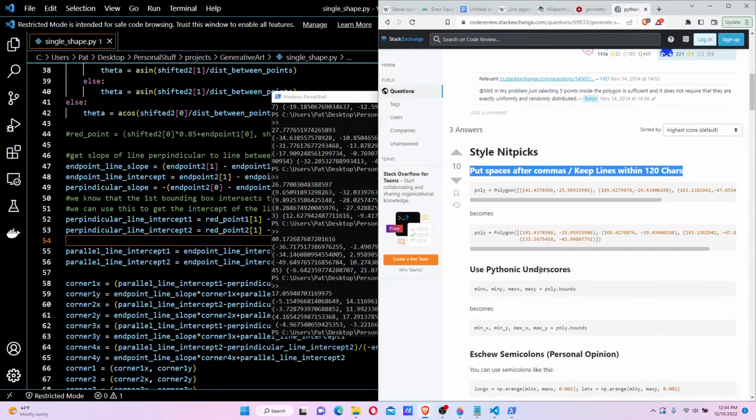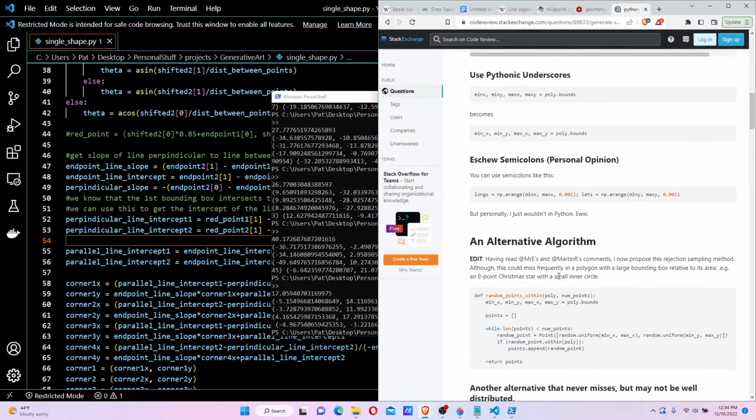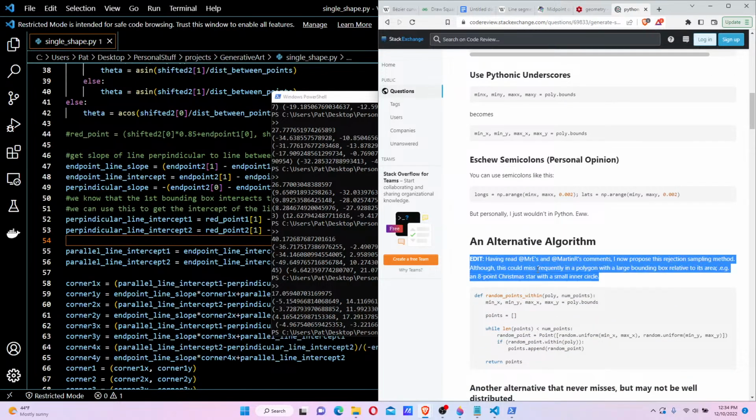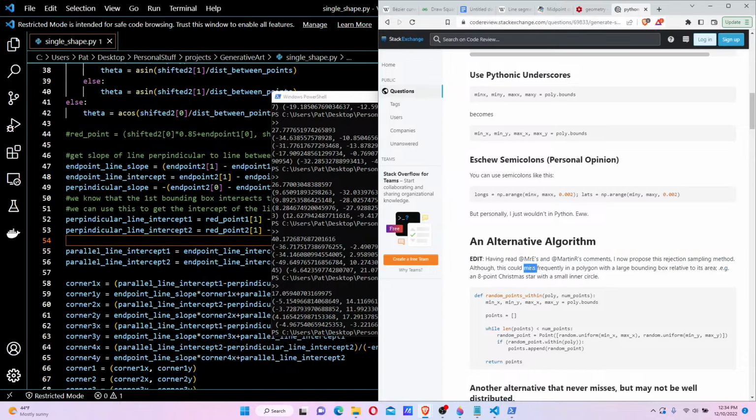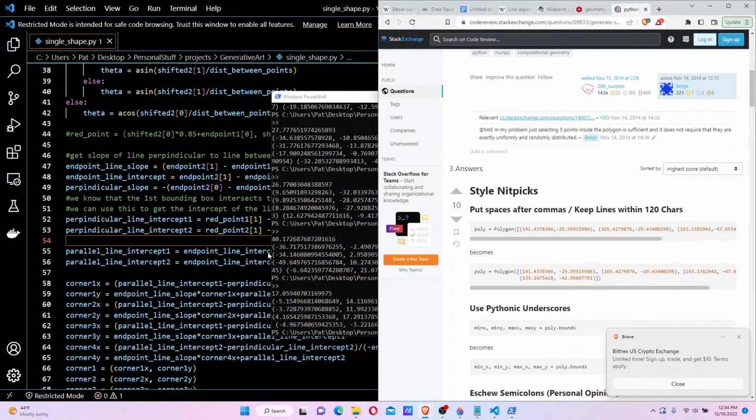Oh, style. Semicolons. Points is less than num points. Random point. Okay.